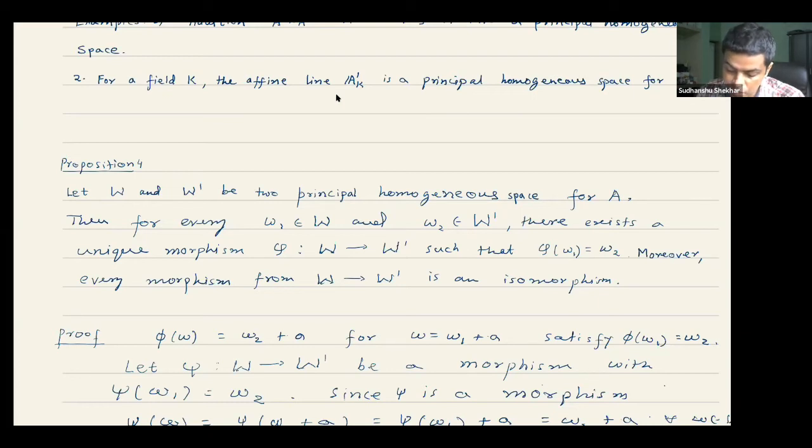So there is a unique morphism theta from W to W prime such that theta of W1 equals W2. Moreover, every morphism between two principal homogeneous spaces is actually an isomorphism.